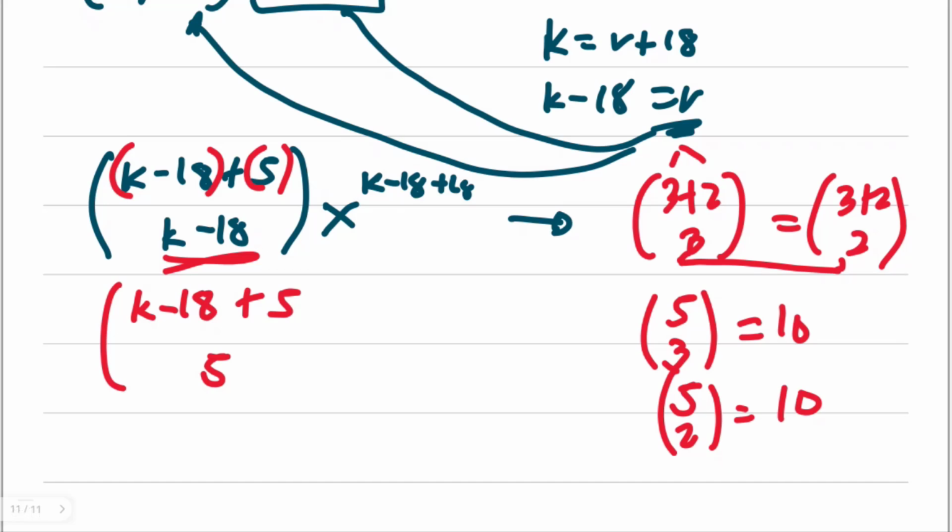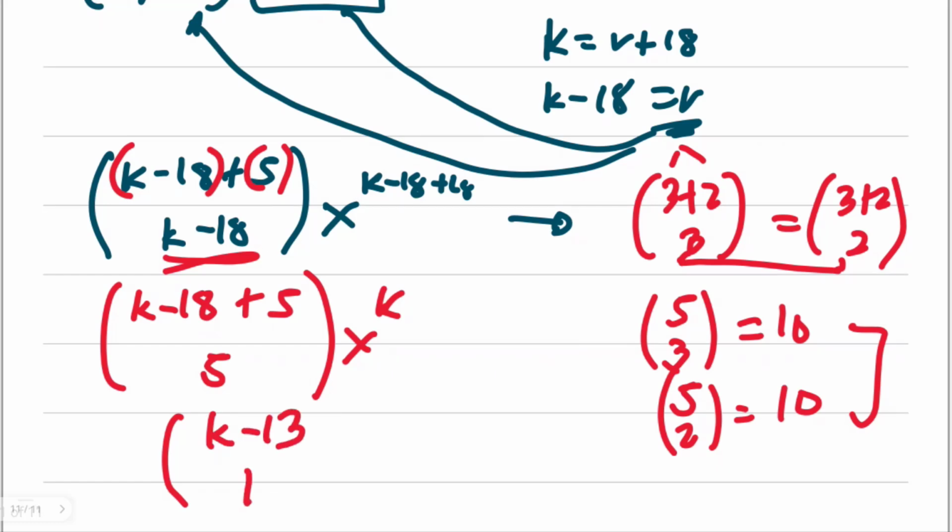As mentioned here, instead of 3, we can have 2, and both of them will still have the same result. Still, this is x to the power of k, and this is now the coefficient needed for x to the power of k. In simpler form, you will have here k minus 13 combination 5, x to the power of k, and this is now the answer.